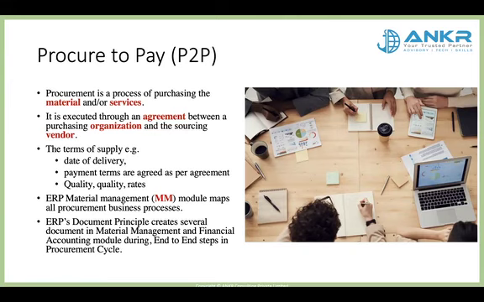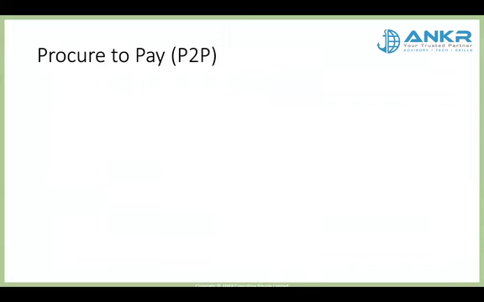Once the agreement has happened, the vendor supplies the material at the required time, in the required quantity and required quality, and then the payment is made to the vendor and the entire cycle ends. The P2P module in an ERP is handled under the materials management module. Okay, we will now move to the next slide.